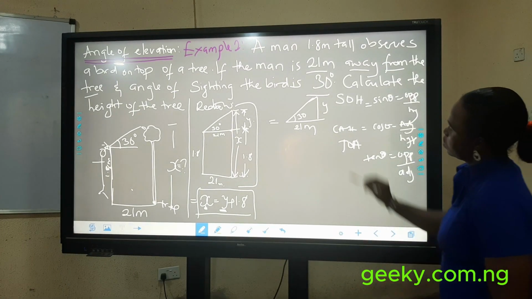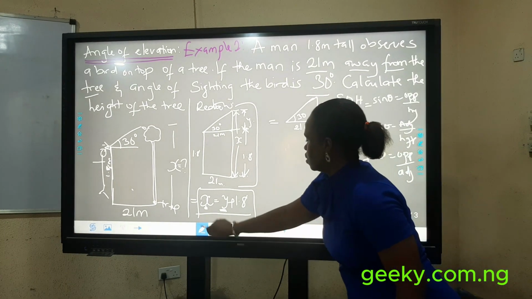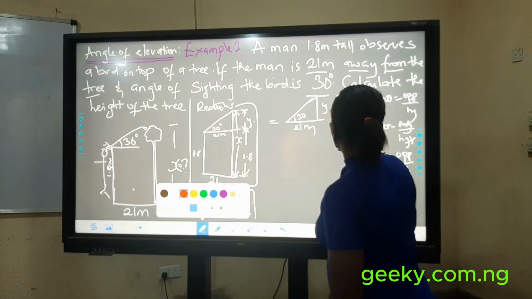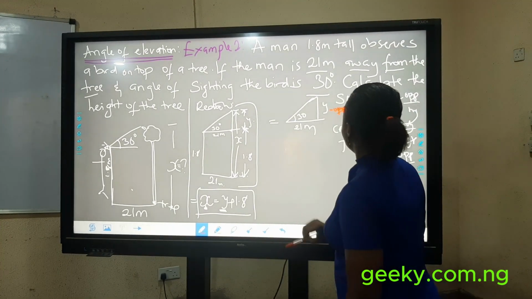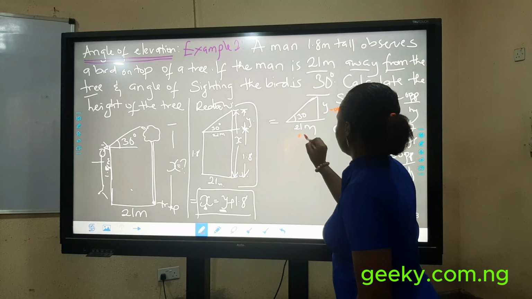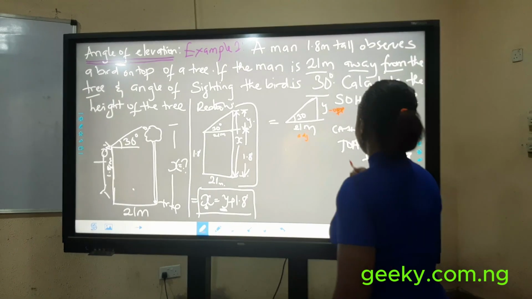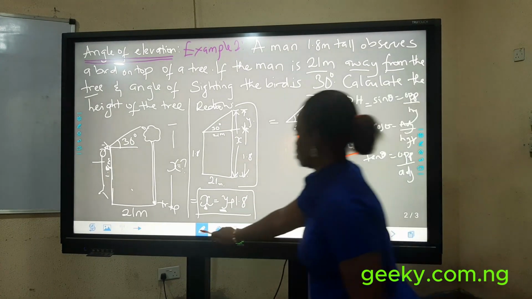What do we have? We have opposite and adjacent. So it means tan works for us.